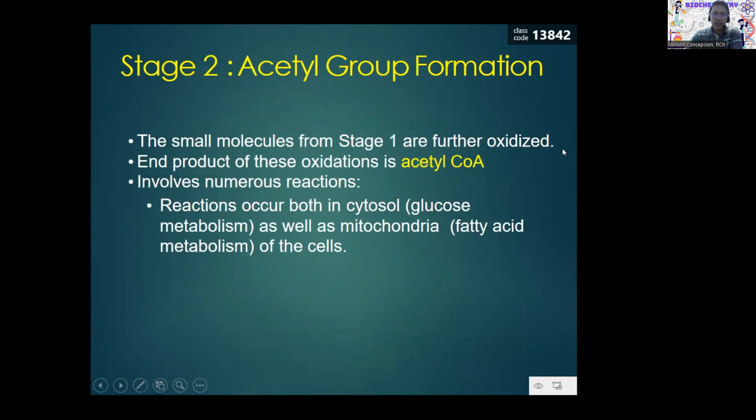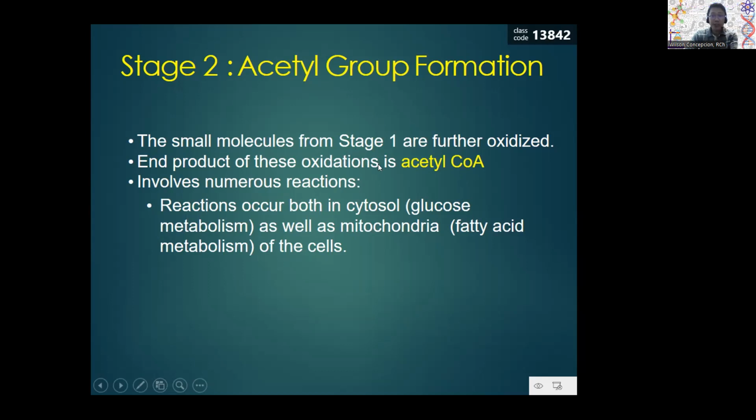I hope that's clear. The second step is the acetyl group formation, or the second stage. Magiging acetyl yung ating mga molecules from stage 1, and the acetyl will combine with coenzyme A. Again, this involves numerous reactions.